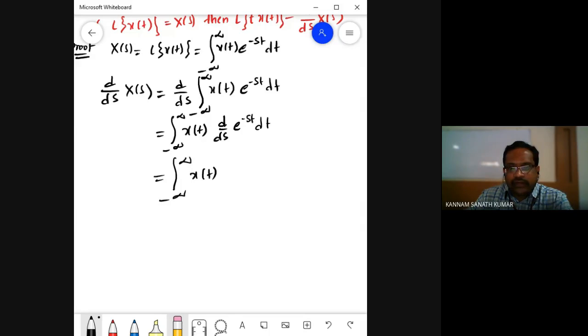So with respect to s, here you will get minus t into e power minus st dt. Since s is the variable, t is a constant, so you get minus t into e power minus st.